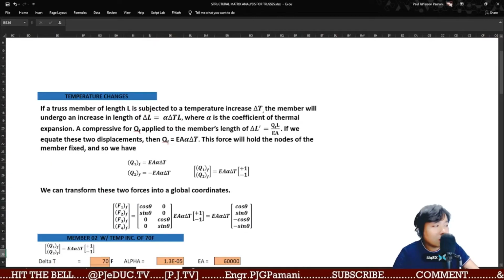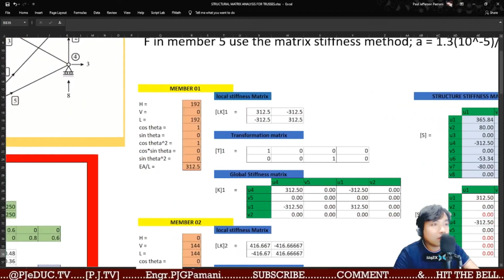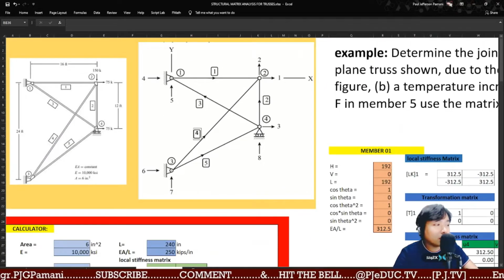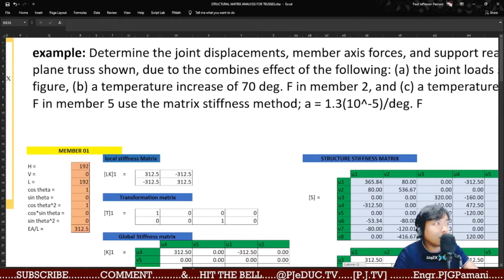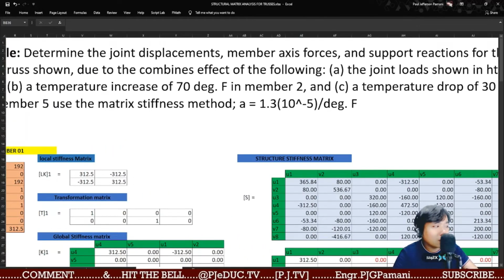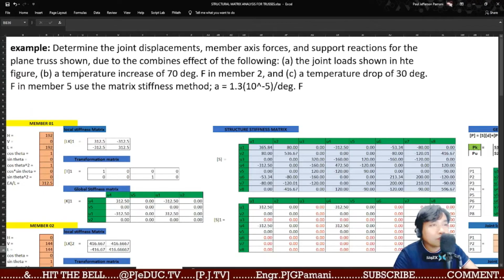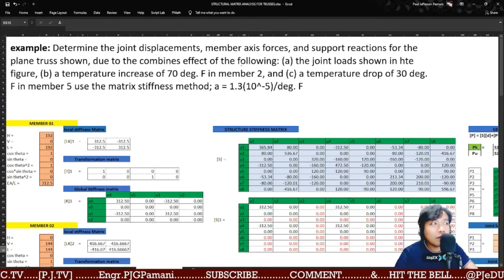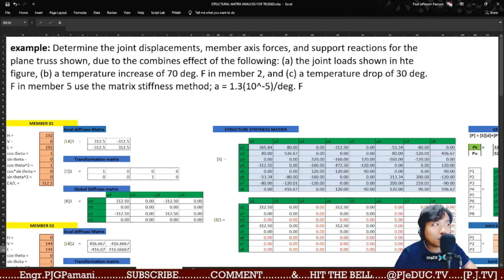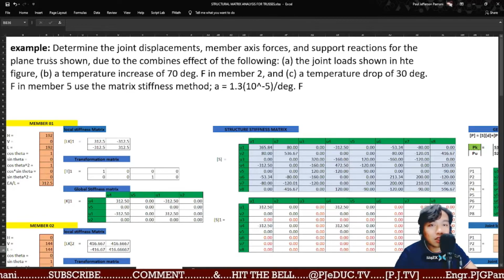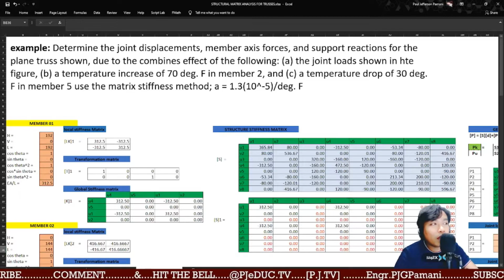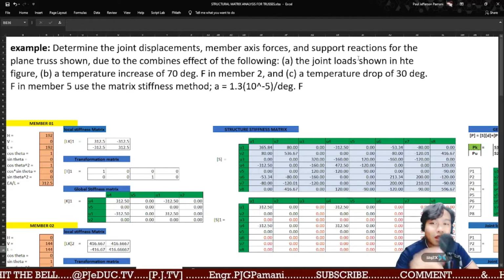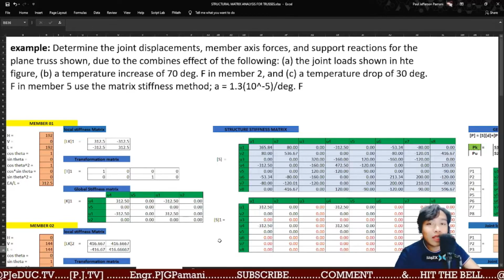So, with that note, using the same example that we've had from the previous examples, from example 2, 3, and 4, again. Only this time with the involvement of temperature changes. Okay? This time, you're now asked to determine again the joint displacements, member axial forces, and support reactions for the plane truss as shown, due to the combined effect of the following. A, the joint loads. Combined effect. So in example 4, we had no applied load.